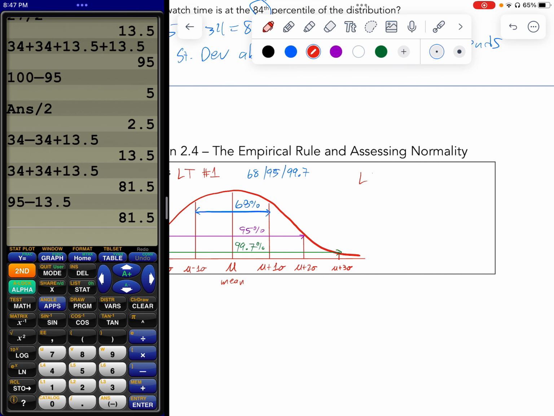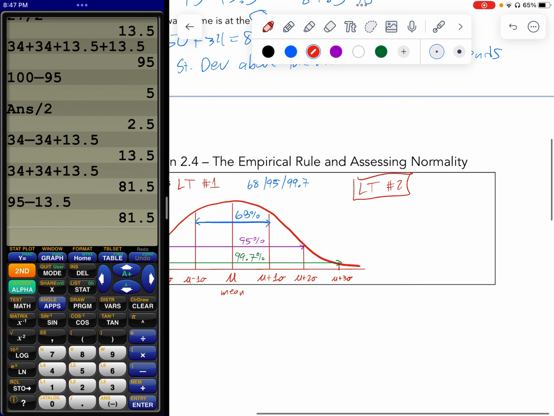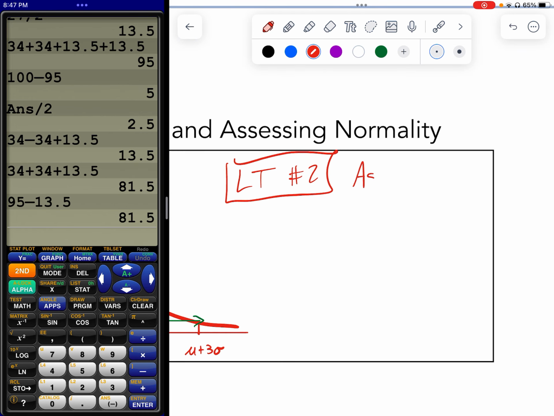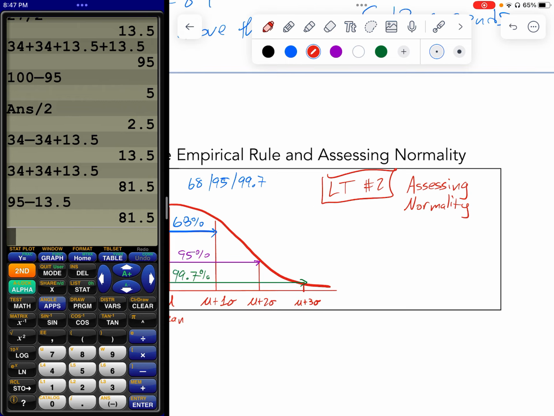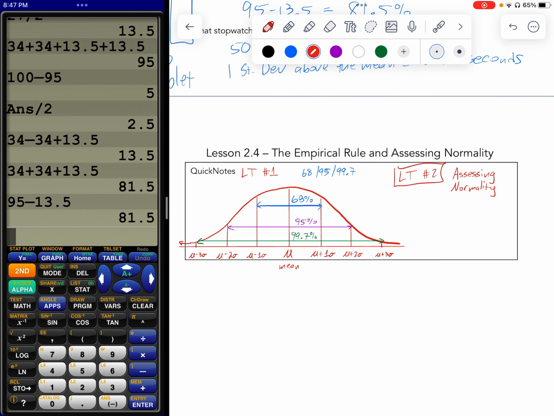Next learning target. This is a little bit apart from what the rest of the notes have been. This is assessing normality, meaning how do you know if data is normally distributed?